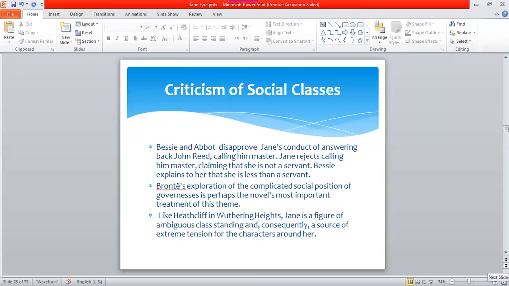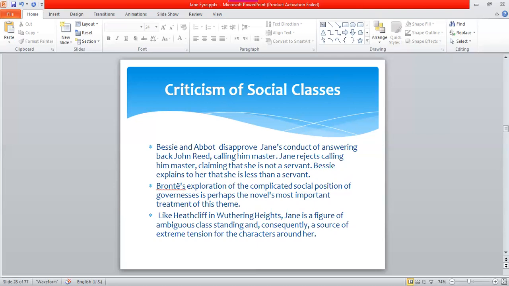Bessie and Abbott, the two servants at Mrs. Reed's home, disapprove of Jane's conduct of answering back John Reed because they consider him the master of the house.